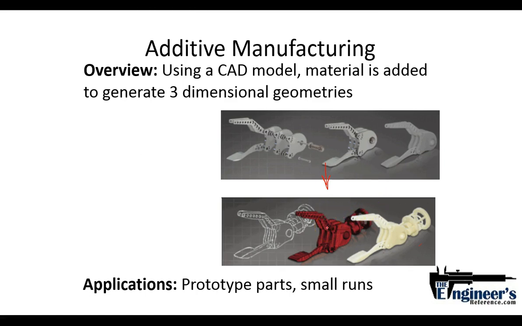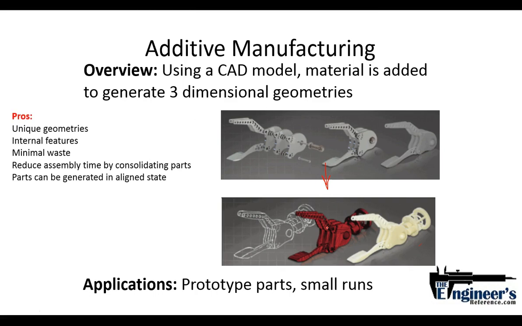So some of the benefits: you can get very unique geometries. As you can see with a lot of the machining, and particularly in your project, some of the features were being outsourced because a particular operation might not get a certain feature.